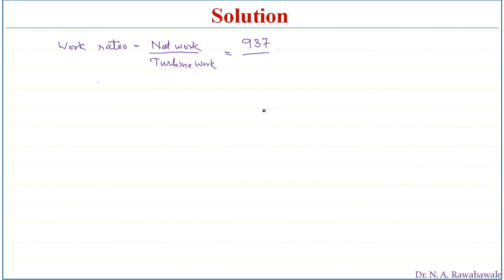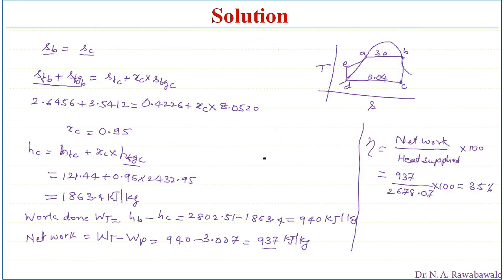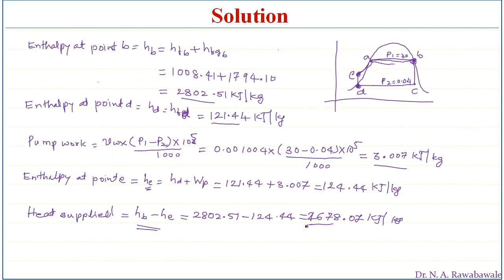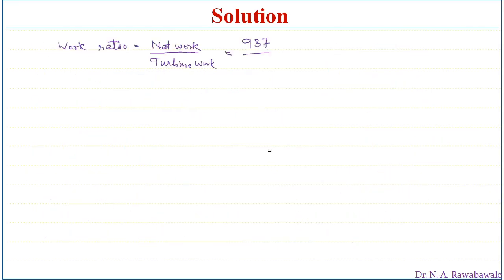Then turbine work that we obtained is 940. This work ratio is approximately 0.997.